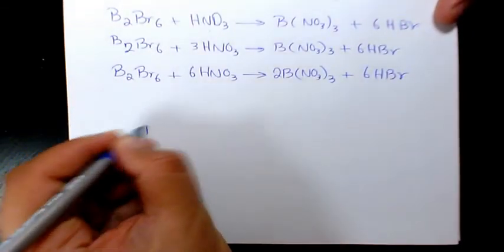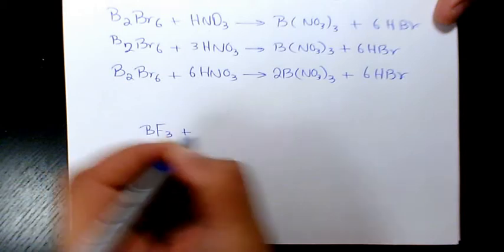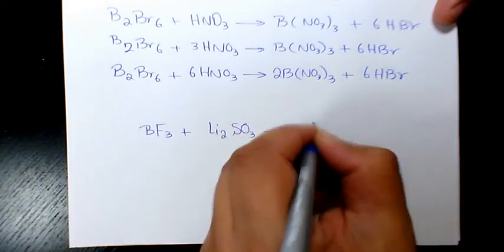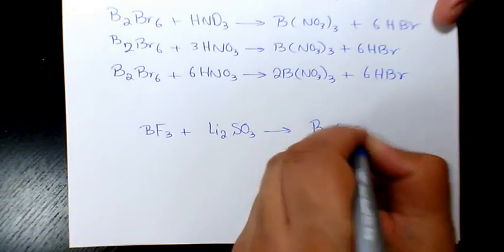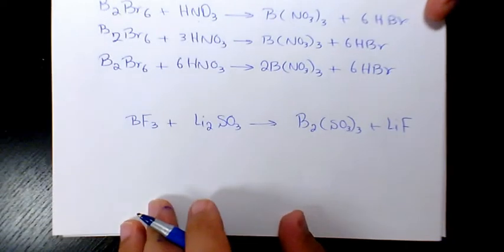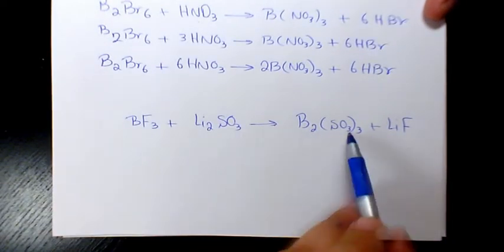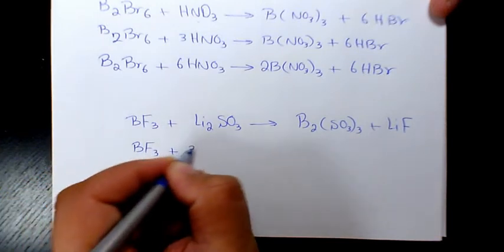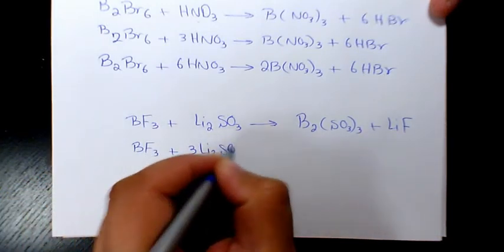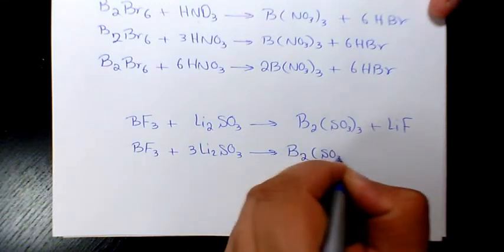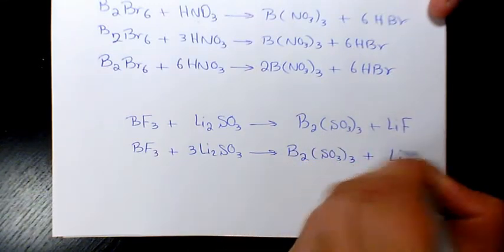Next one is BF3 plus Li2SO3 gives B2(SO3)3 plus LiF. Sulfate, we have 1 in here, 3 in here, so I'm gonna make it BF3 plus 3 Li2SO3 gives us B2(SO3)3 plus LiF.